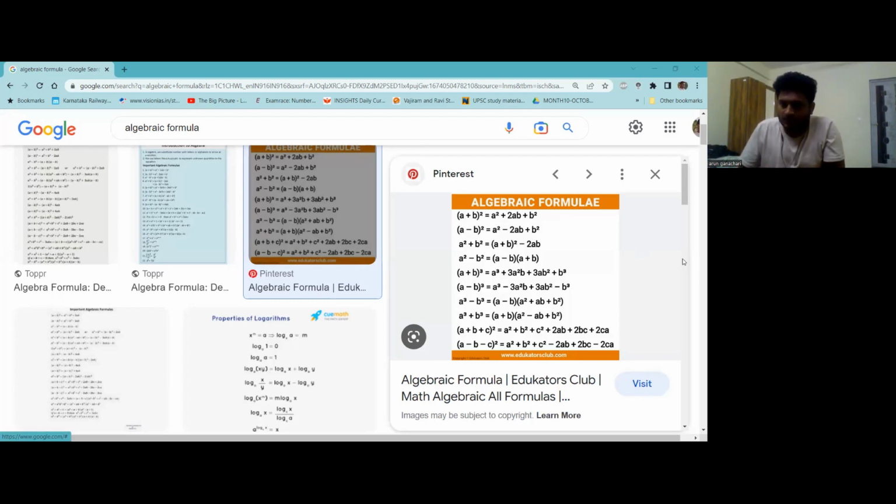These are very important formulas. Last year we had 2-3 questions from a cube plus b cube. A cube plus b cube is an equally important formula.